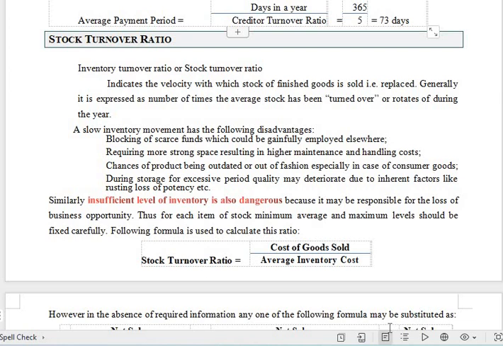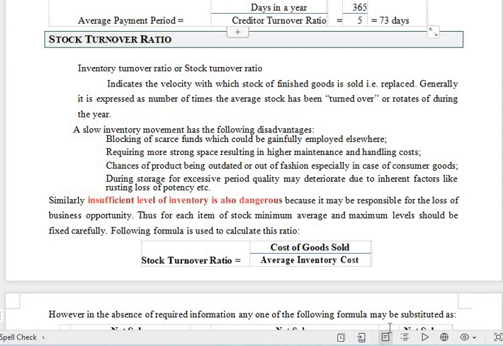If you have inadequate stock, then you will not be able to continue your business, your production will be stopped. For example, you need some amount of raw material for the smooth running of your business for a week. Suppose we need only 10,000 quantity of raw material for a week.